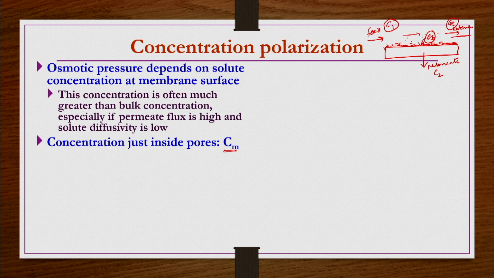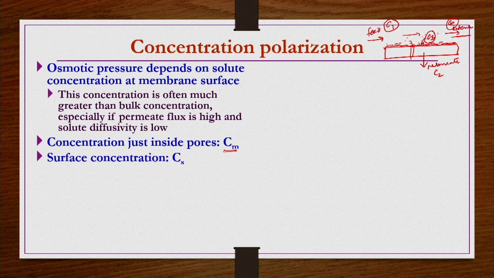Cs is the surface concentration here, and let us say the pore is starting here. Right at this point, just inside the pore, the concentration of the solute is again going to be different from Cs and C1. We do not know what it is, so let us assume it is Cm.